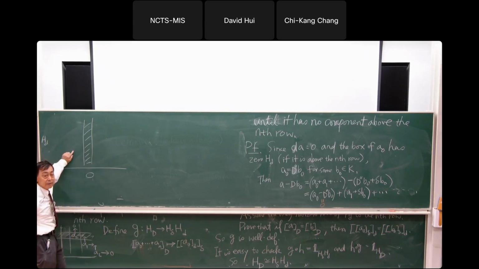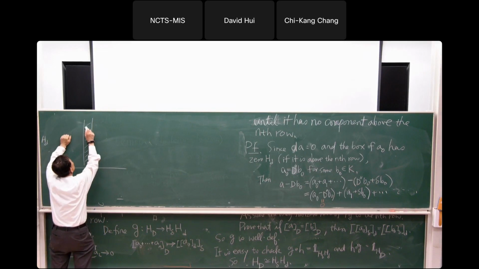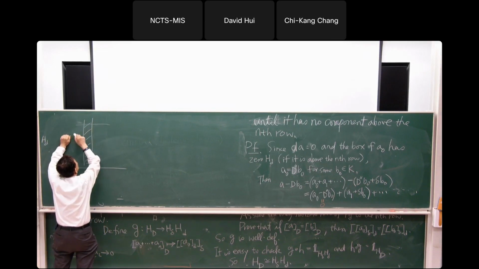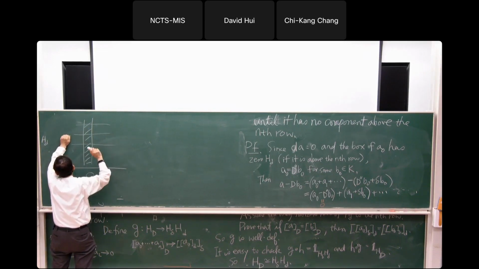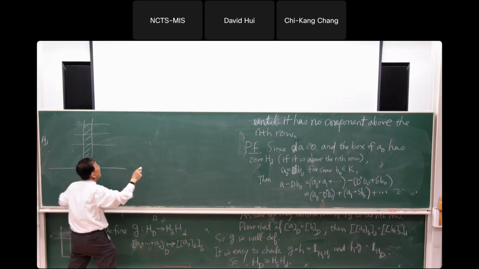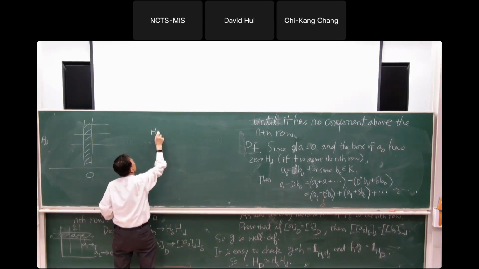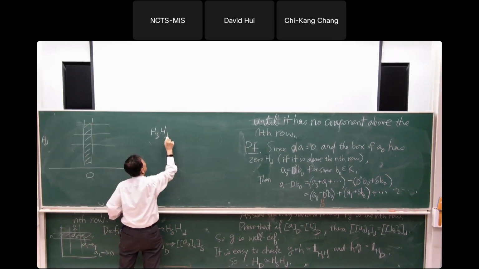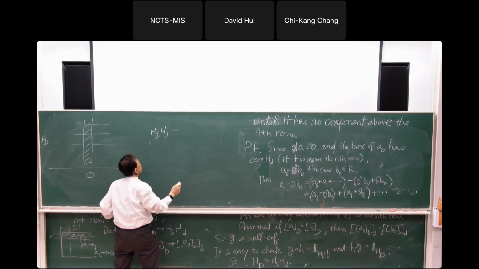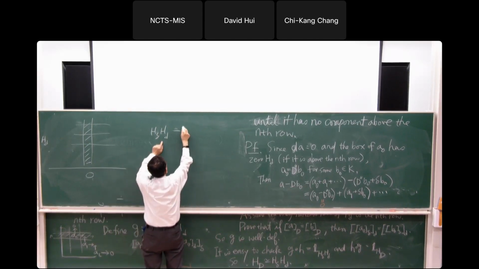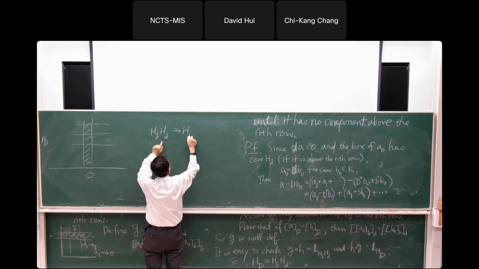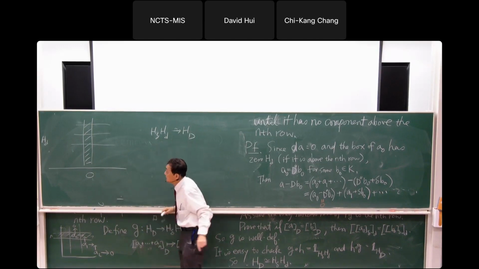HD has only one non-zero column, and you want to prove that there's also the same isomorphism.